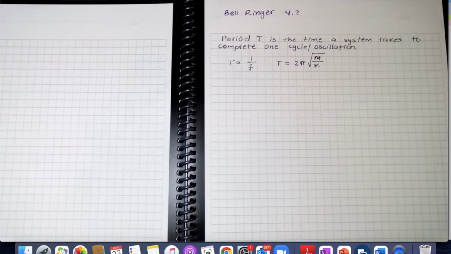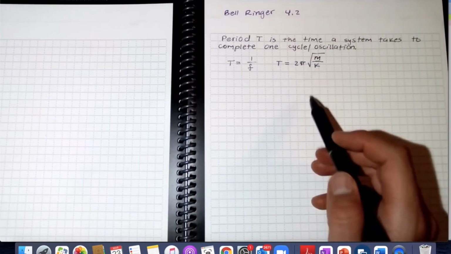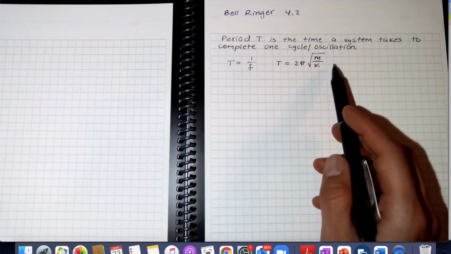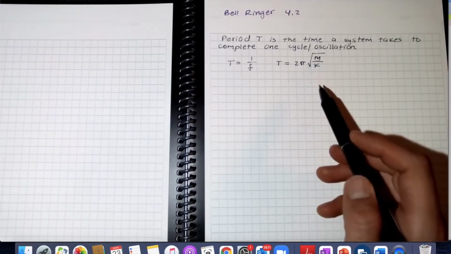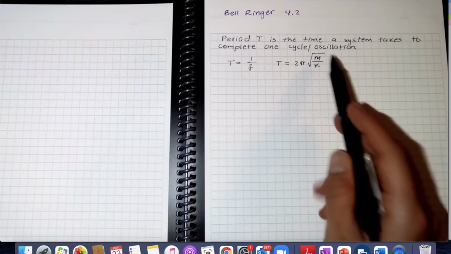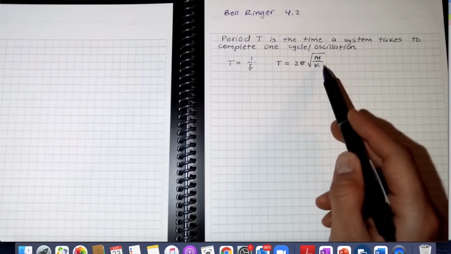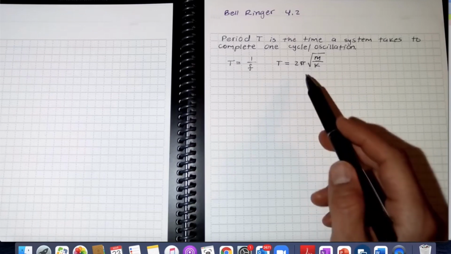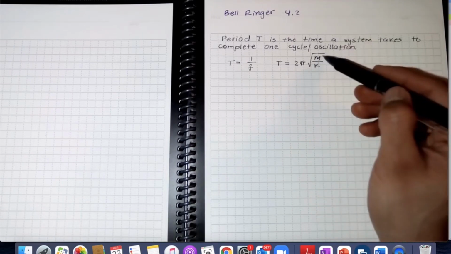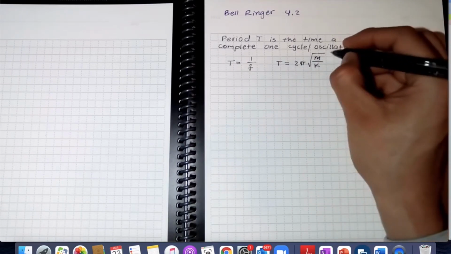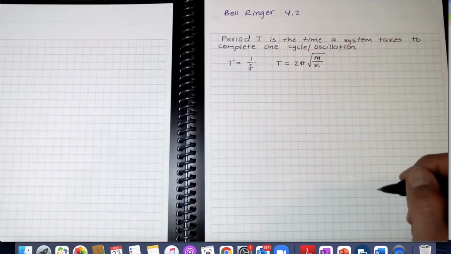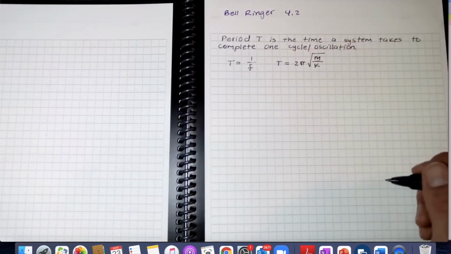So the period, as you can see, is related to mass. Mass is important, so something has to change because we're changing the mass. The spring constant is a constant. Pi is pi, 2 is 2. So if we increase the mass, we're going to increase the period, right? And you saw it was going slower.